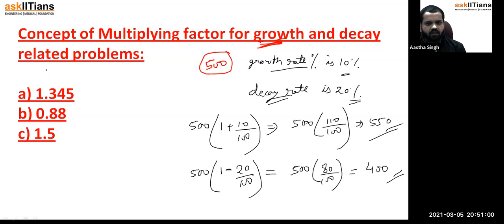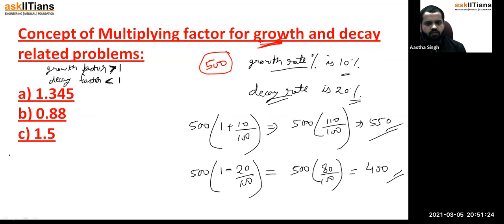Because it is greater than 1. Your growth factor is greater than 1, and the decay factor is less than 1.